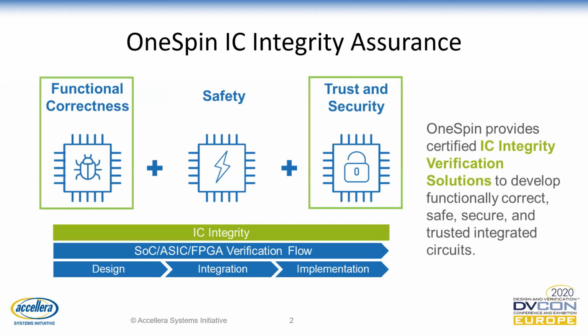Before we jump into the presentation, I want to first introduce a bit what we at OneSpin are focusing on. OneSpin provides certified IC integrity verification solutions to develop functionally correct, safe, secure, and trusted integrated circuits.